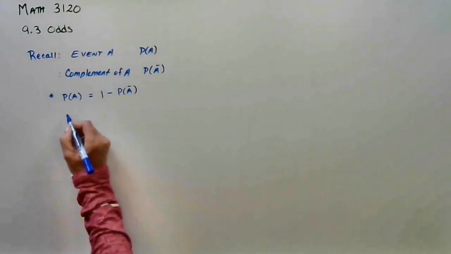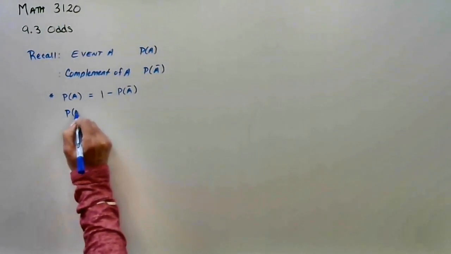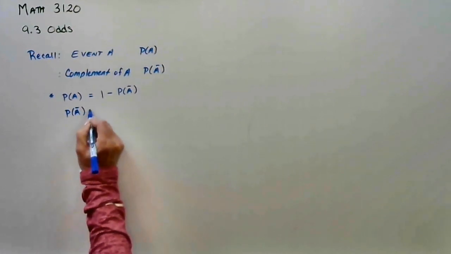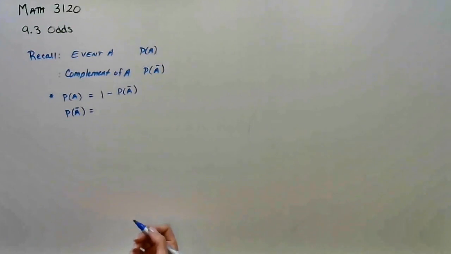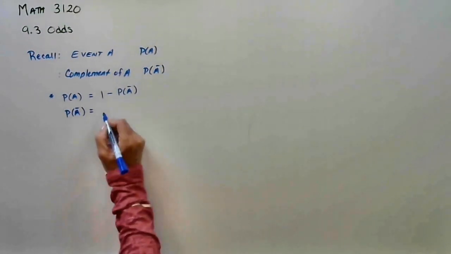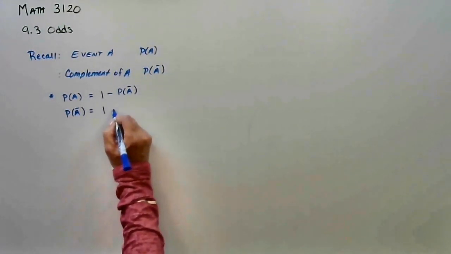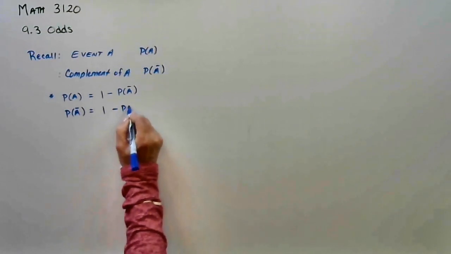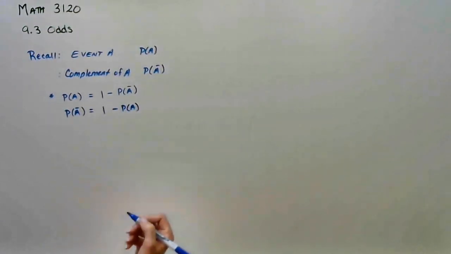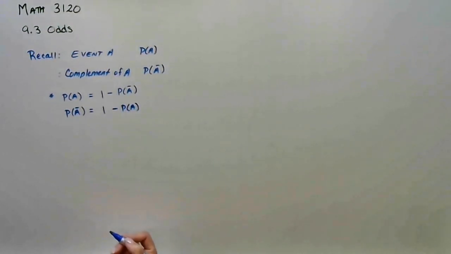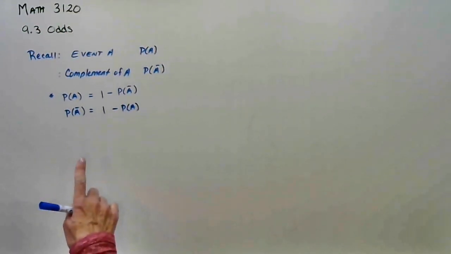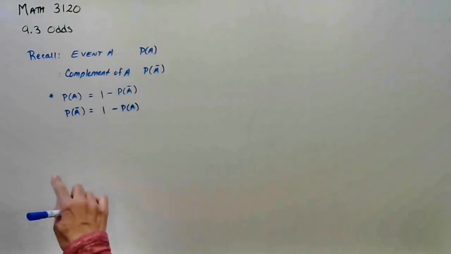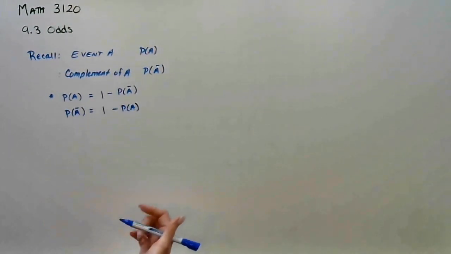And similarly, the complement is everything that is not in A. So that's the same as saying the guaranteed entire probability minus the probability of A. Just remember the complement is every element that's in the set that's not in A.